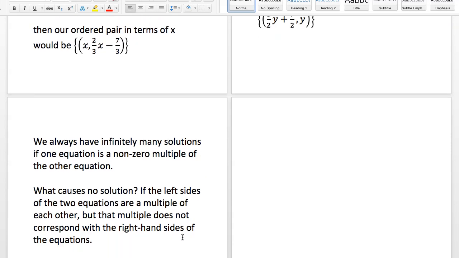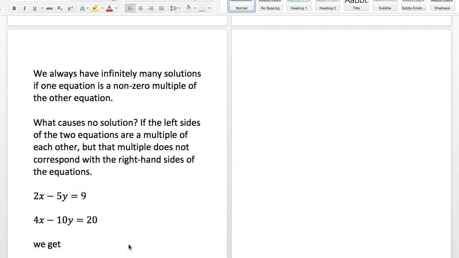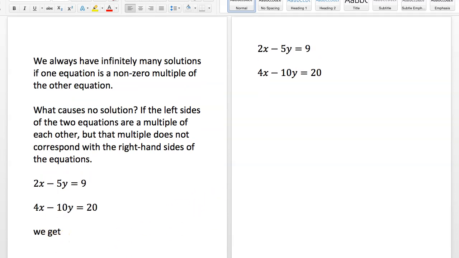Well, let's see what I mean by that. Let me copy these two equations down. Notice I didn't use 18. I'm just going to do what I did before, put parentheses around this one.